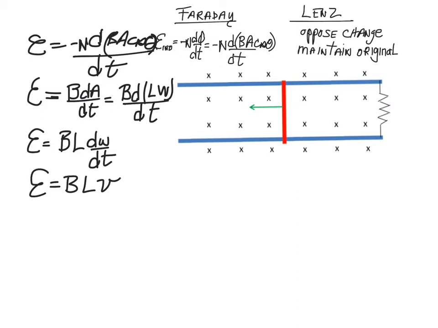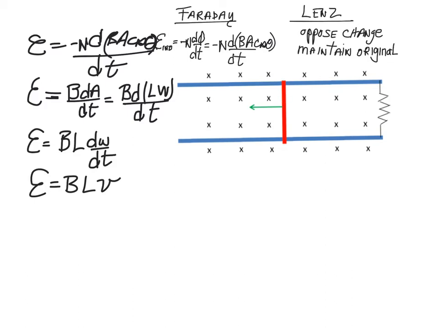Now, the other thing to notice is we can actually, independent of Faraday and Lenz, if we take a wire and move it through a magnetic field, then the charges, let's imagine free positive charges in the wire, are moving this way. And if we use right-hand rule number 1, we point our finger along the direction the charge is moving in, the velocity vector.